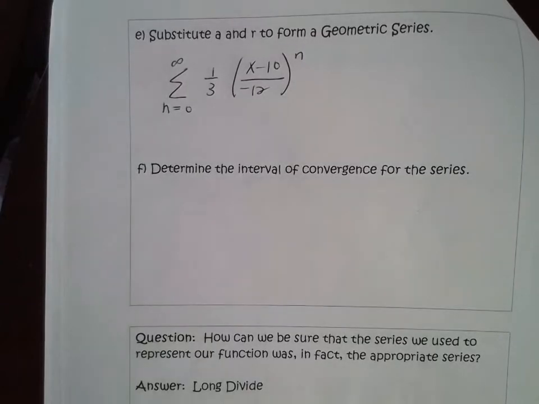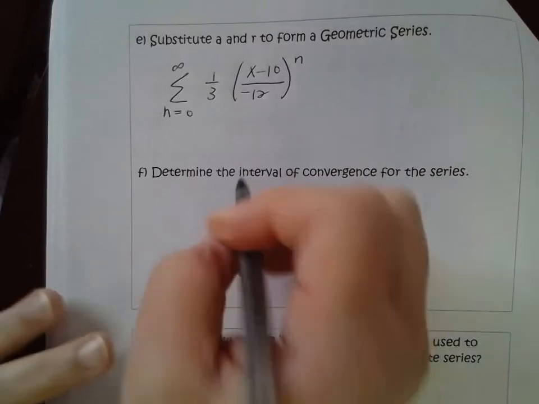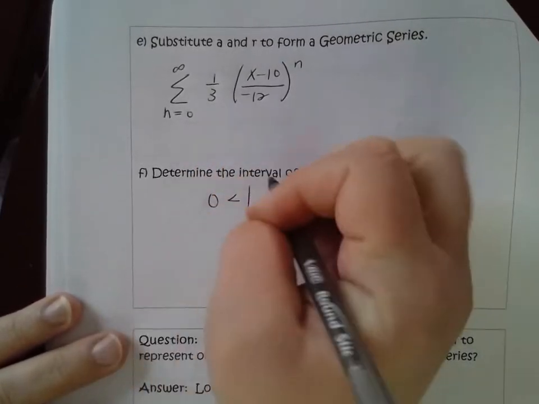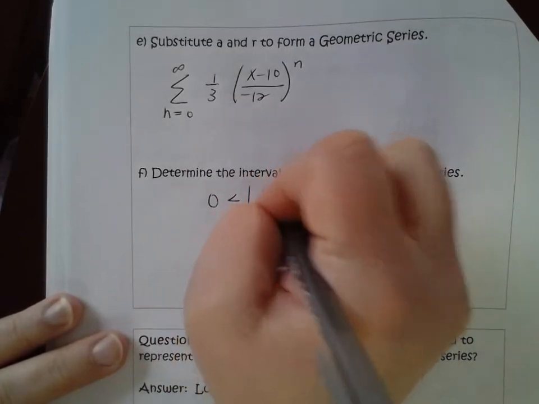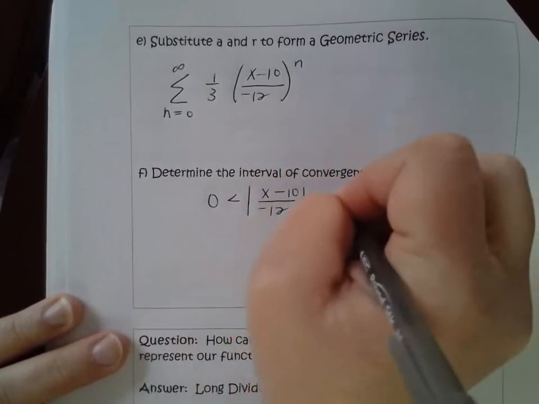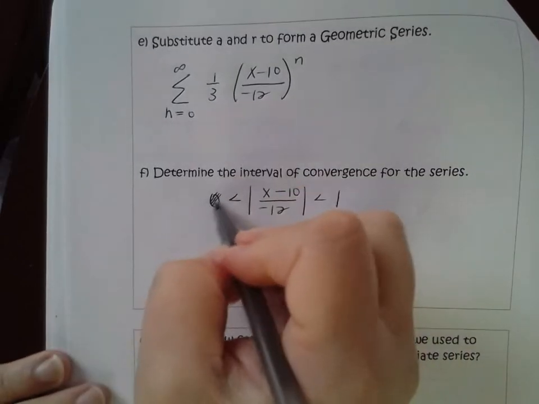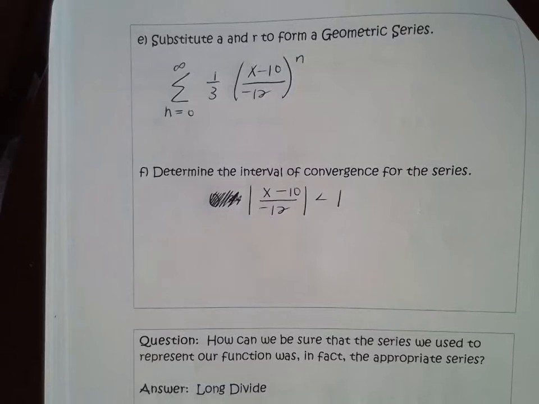Okay, well, if you remember, a geometric series is convergent if the absolute value is between 0 and 1. The absolute value of x minus 10 over -12 between 0 and 1. In other words, if the absolute value is less than 1.